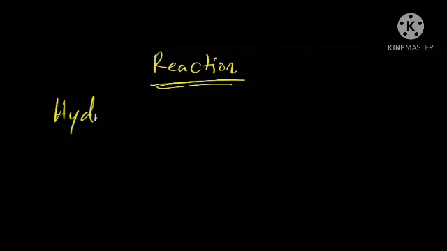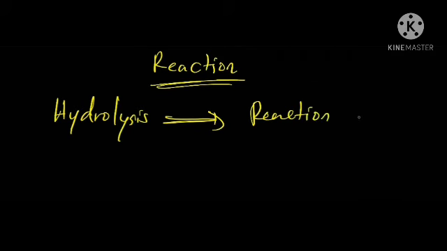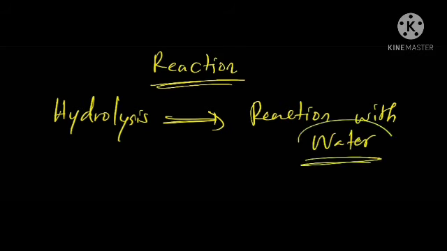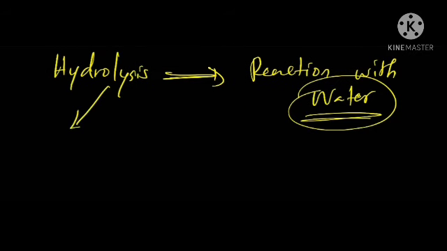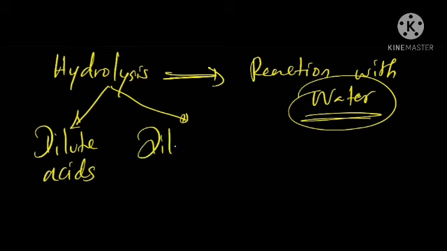Alright, so the characteristic type of reaction that carboxylic acid derivatives undergo is hydrolysis. Technically, hydrolysis is a reaction with water. So basically, the hydrolysis of esters falls under two categories. Firstly, hydrolysis of esters with dilute acids.